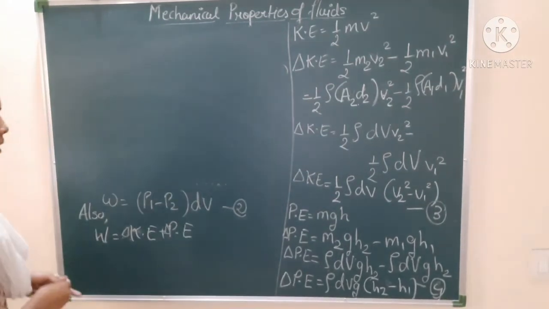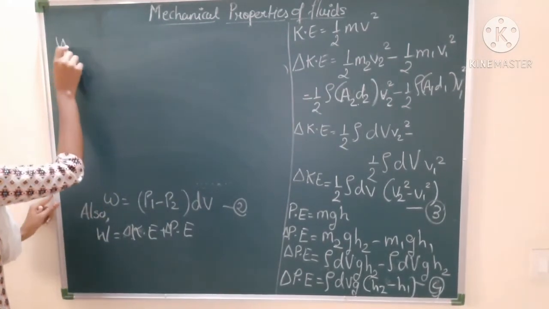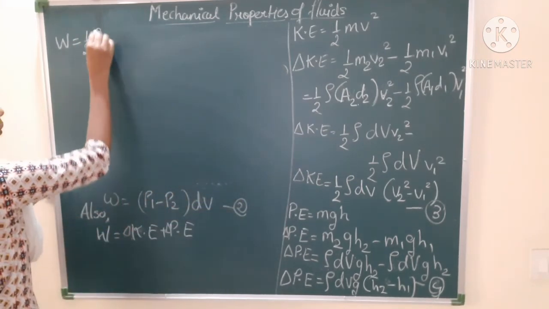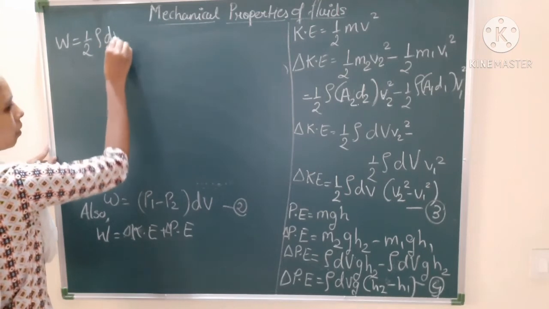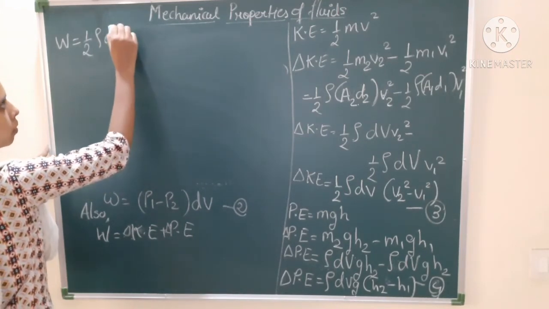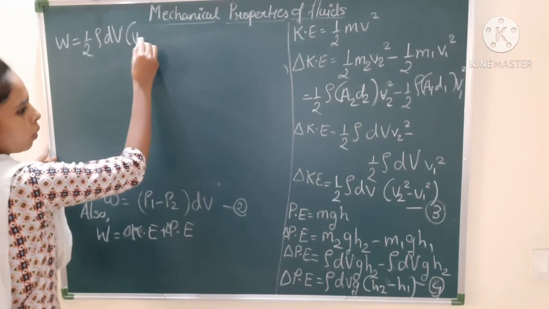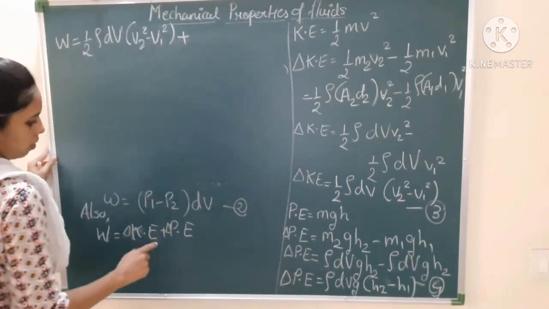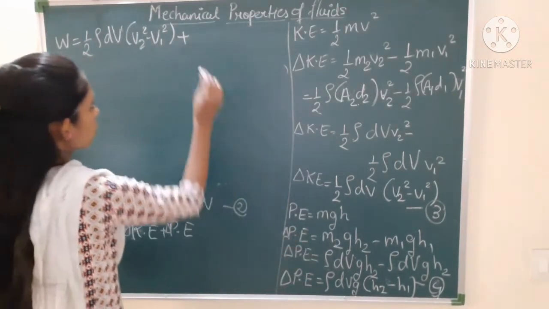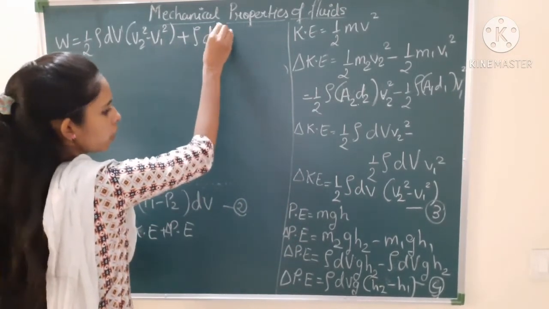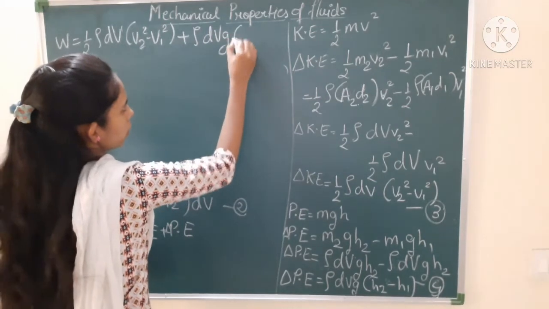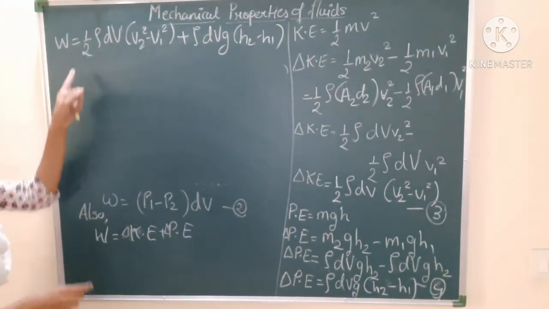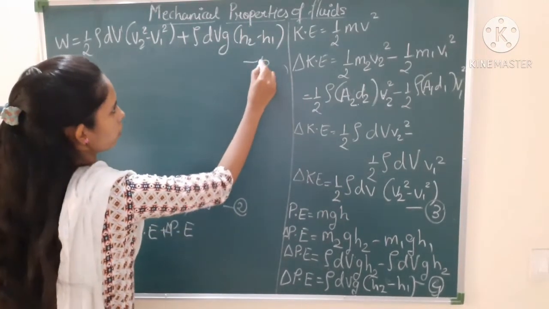Here you can see that the work done will be the kinetic energy, half rho dV into bracket V2 square minus V1 square, plus the potential energy, rho dV g into bracket h2 minus h1. So this is equation number 5.